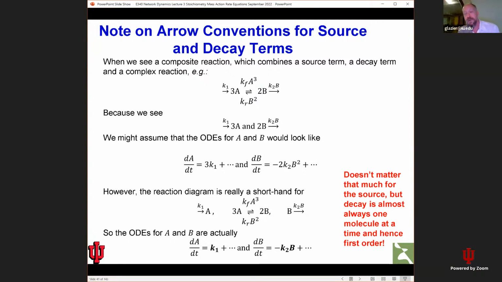And again, I'm going into detail about some of these confusions of notation, because when you read an article, you'll see it written the way it's done here. And then you'll see people write equations without the stoichiometry. You say, but why is the stoichiometry different for the arrow in the middle from the ones on the end?